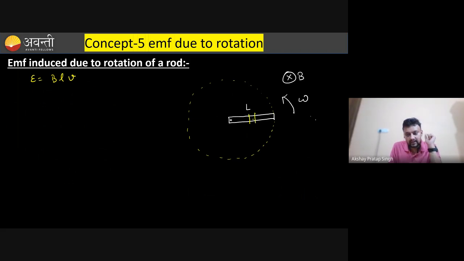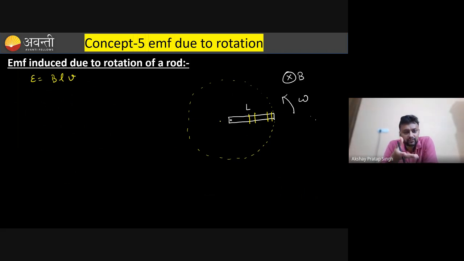The velocity of this small element will be different compared to the part at the end of the rod. Are you getting my point? Why is this velocity different? Because the distance from the axis is more.